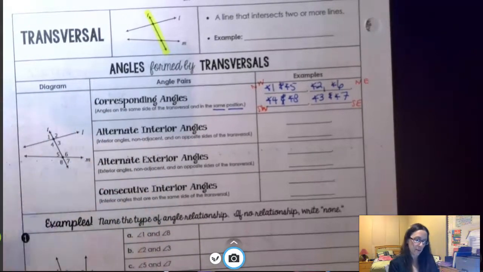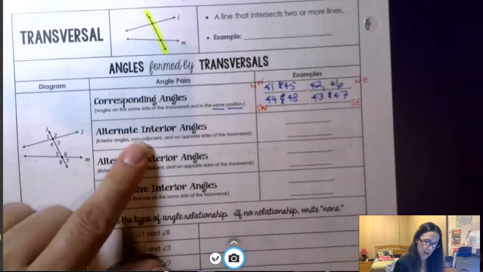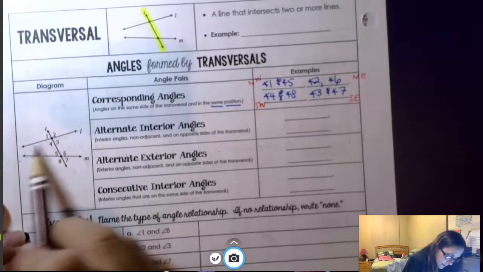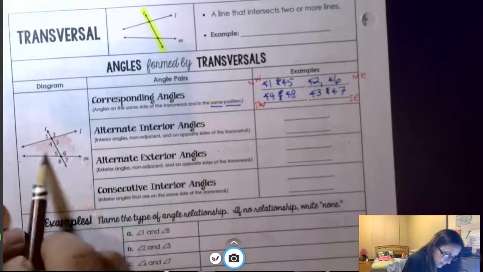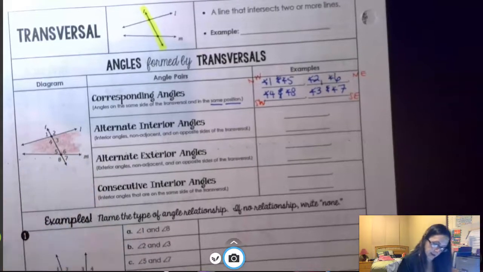If they're in the northwest, southeast, wherever they are, it's the same corresponding position from the top angles and the bottom angles. Now the rest of them I like because they tell you in the name. I want alternate sides of the transversal inside. So if I want to know what all the inside angles are, these 4 in here are my inside angles.